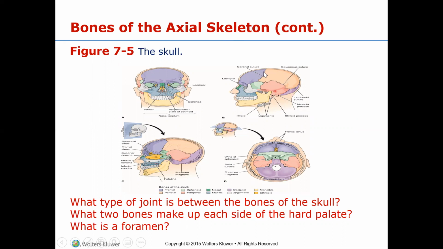Between the frontal bone and the parietal bones, that's the coronal suture. And then between the two parietal bones and the back of the head, which is the occipital bone, is the lambdoid suture. You should know that we have the maxilla and the mandible. The mandible is the only movable joint or bone in our skull.